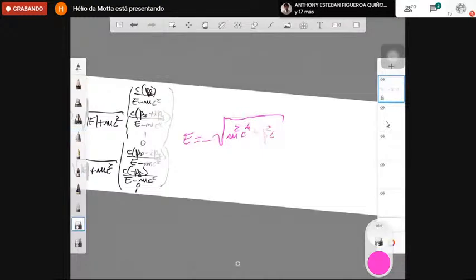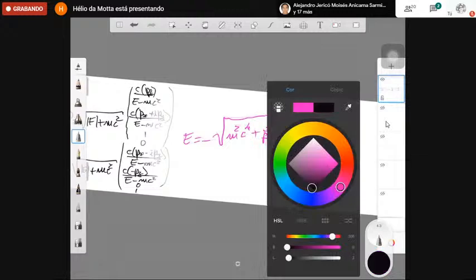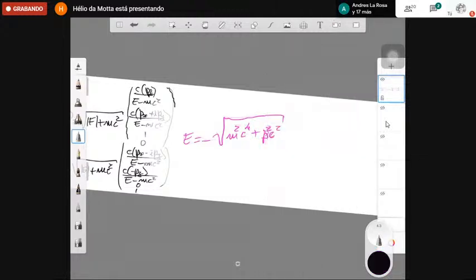So rather than having equations with negative energy for the antiparticle, we consider that to be an antiparticle with positive energy.